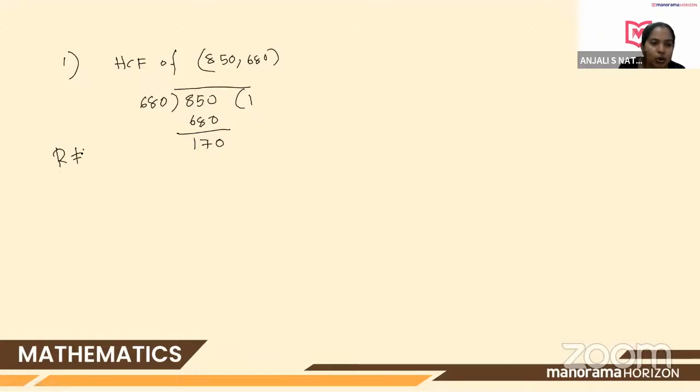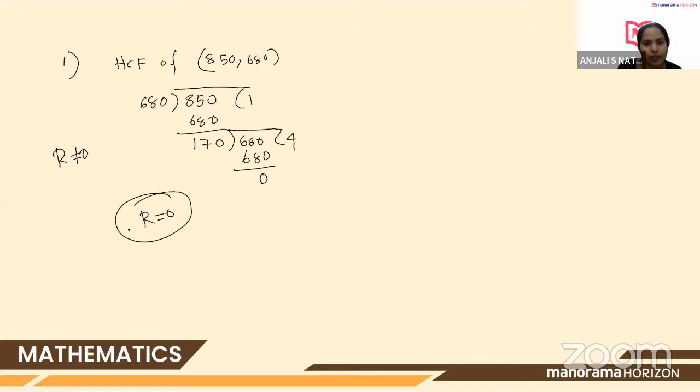If the remainder is not equal to 0, look at the divisor and the remainder. Here the divisor is greater than the remainder. So take the divisor as the next dividend and the remainder as the next divisor. Then take 170 into 4. 170 into 4 is 680. So the remainder is equal to 0.